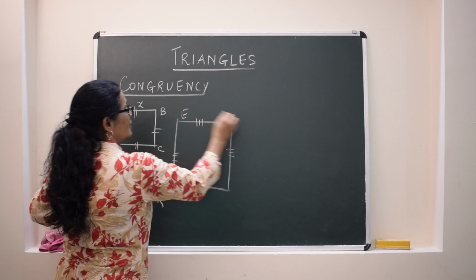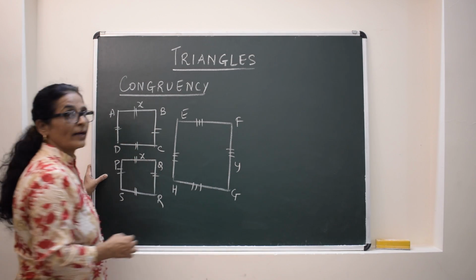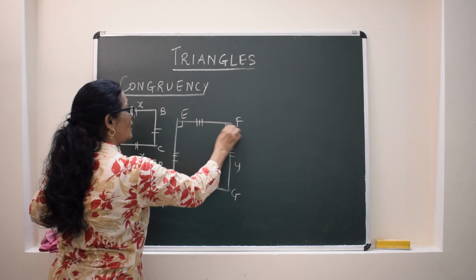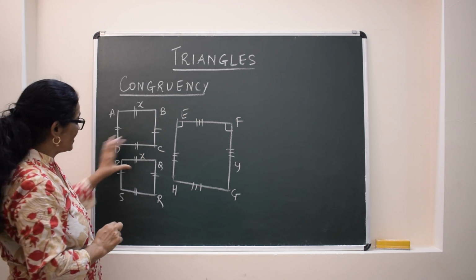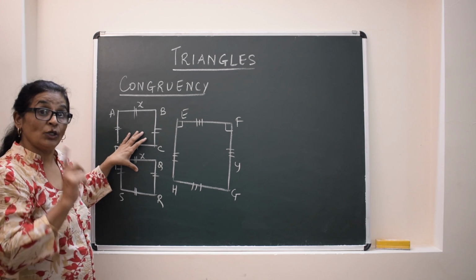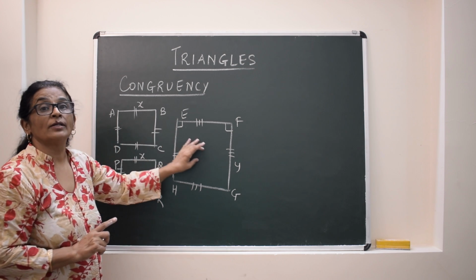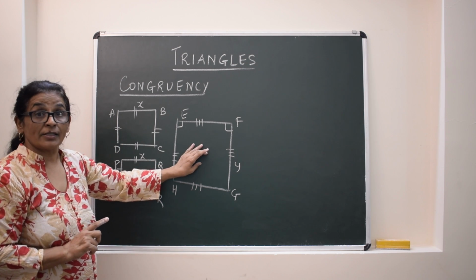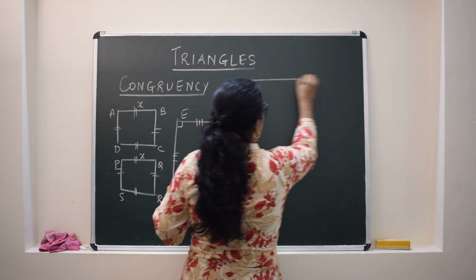But this EFGH, since the side is y, all three are of the same shape, but the size is not the same. So these two have the same shape as well as the same size. That is why these two are congruent, and they both are not congruent to this third one because the size is not the same.